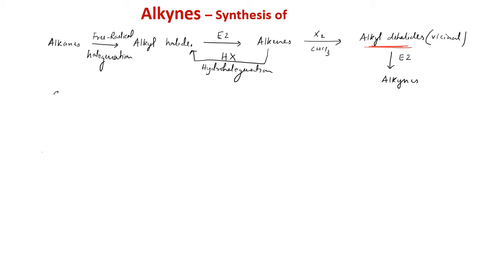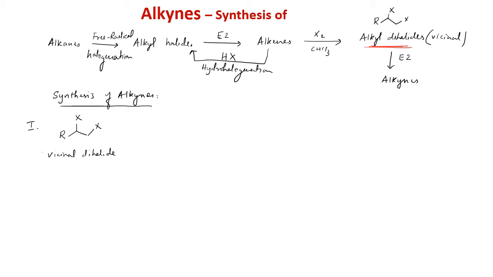Okay, so synthesis of alkynes, which is the topic. The first route to synthesizing alkynes is starting from a vicinal dihalide. So if we have X and X, this is a vicinal dihalide, and this is what you get from alkenes when you do a halogenation on an alkene.